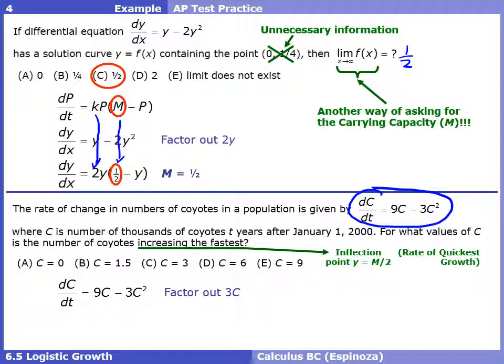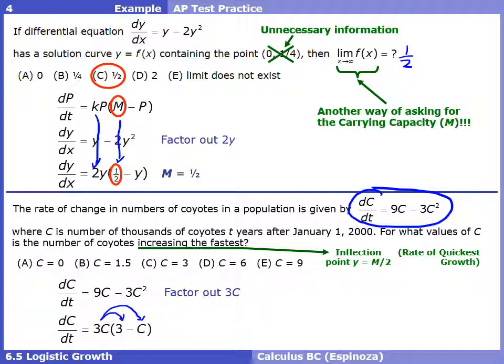Both of these terms have a factor of 3 in them, so we can factor out a 3c. If we factor out a 3c, we'll be left with 3 minus c, and now that matches our logistic growth model form, where it's Kp times m minus p. And again, just like you heard me say before, you might always want to check and make sure you factored correctly, since these problems are very short and simple, and you don't want to make a silly factoring error.